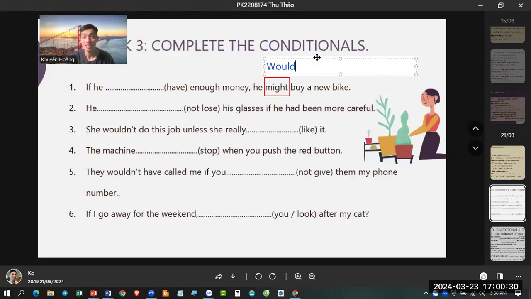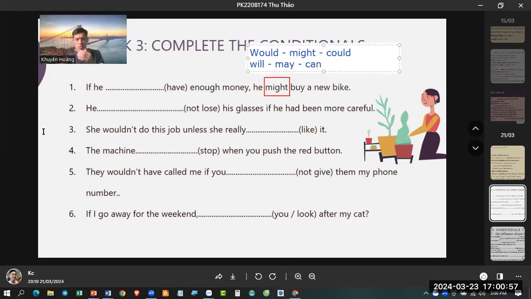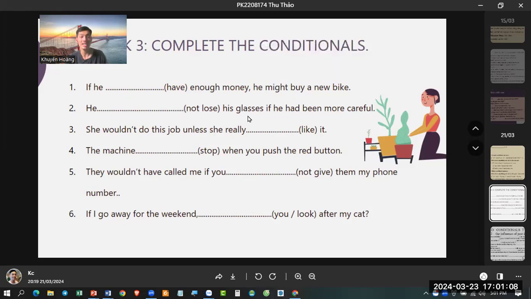If we don't use will for the first type, we use may or can instead. The past form of may is might, so it is the second type, type two. Okay. What about the second sentence?